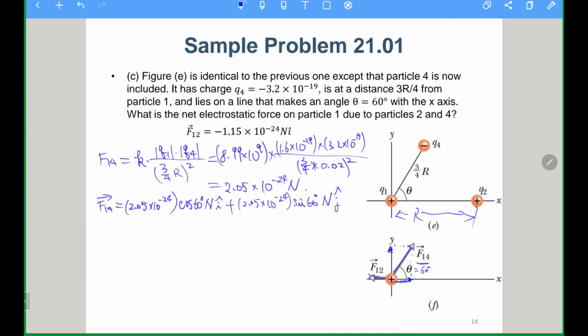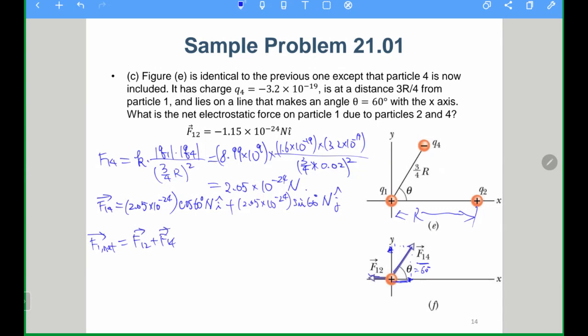Okay, so now we can just add F12 and F14 together to form F1 net. So it will be F12 plus F14.